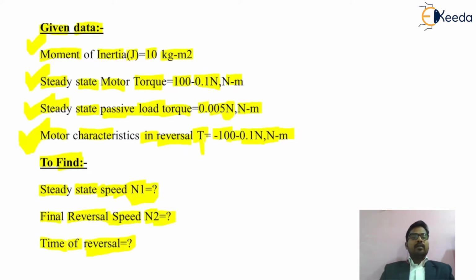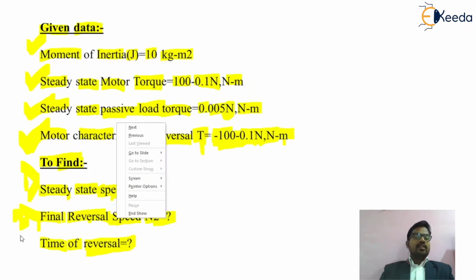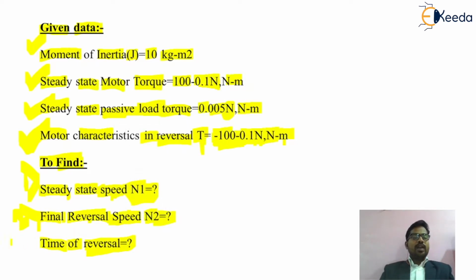So the motor torque will now be reversed, indicated by the minus sign, that is minus 100 minus 0.1 N Newton meter. From that we want to find out first the value of N1, the steady state speed. Second, the value of the final reversal speed N2. And third, the time of reversal.